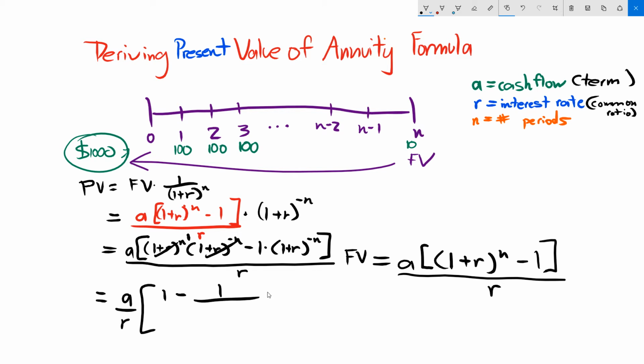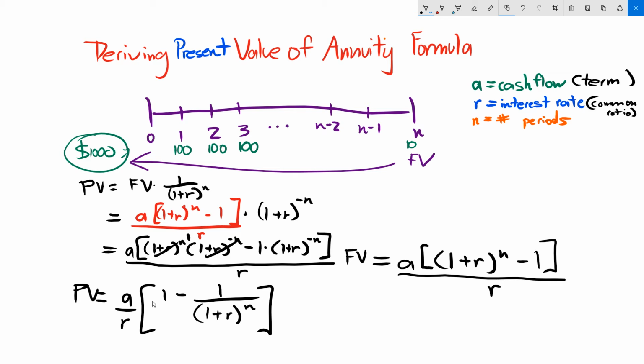You can rewrite that like this, 1 plus r to the power of n. So this is our present value of an annuity formula. It's a lot easier than writing out all of the different cash flows and figuring out how much you have to discount them by individually when you can just write it like that.